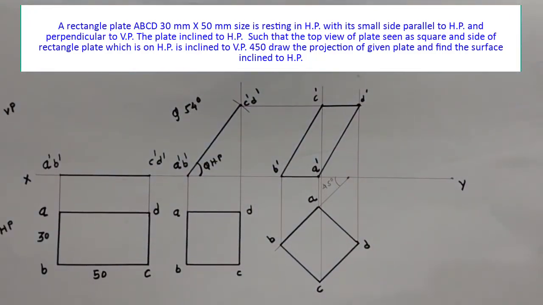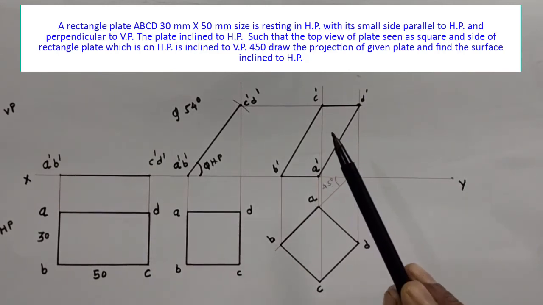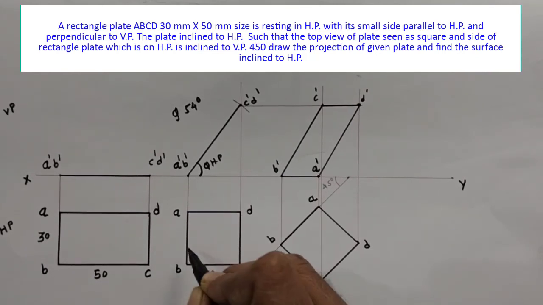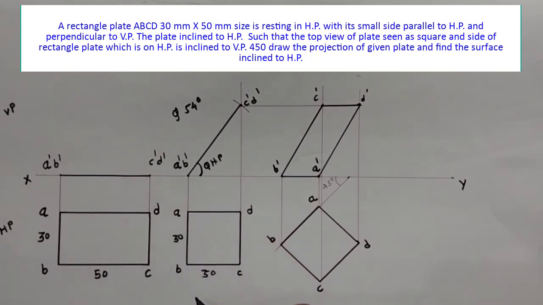So you have the surface in your elevation when one side of the rectangular plate is inclined to VP 45 degrees. So here I am writing this is my 30 by 30 square. The top view appears to be square.